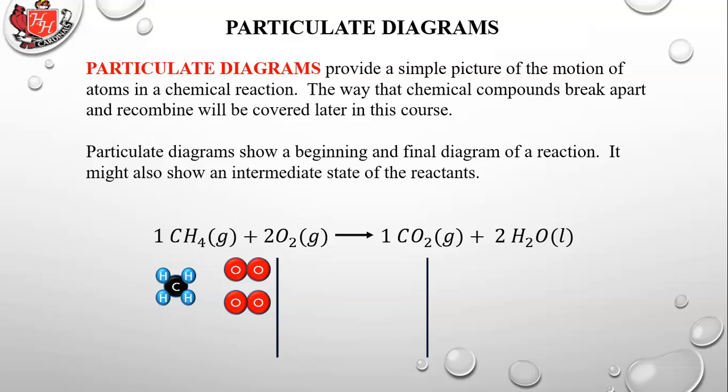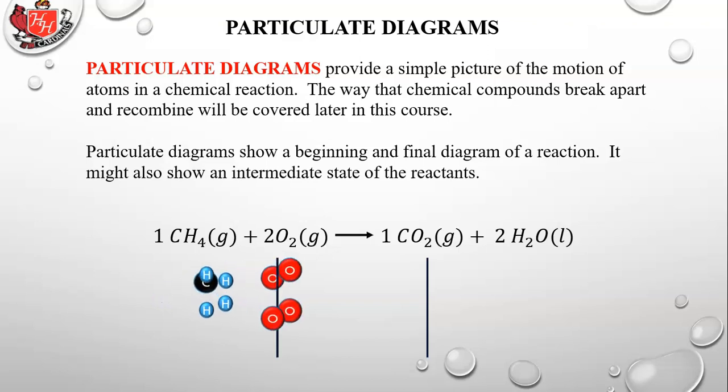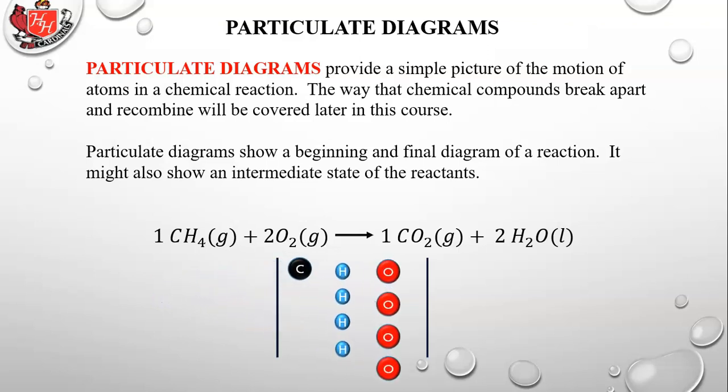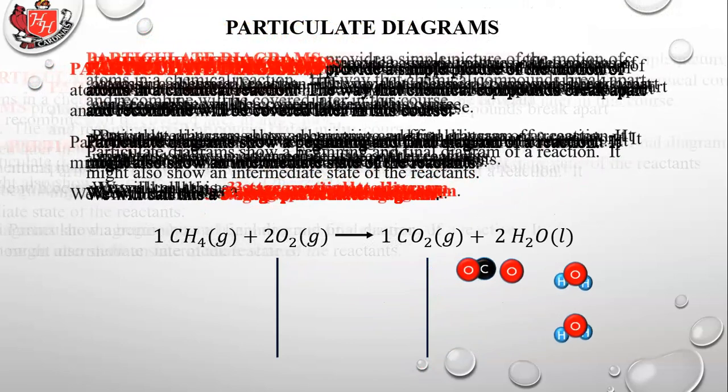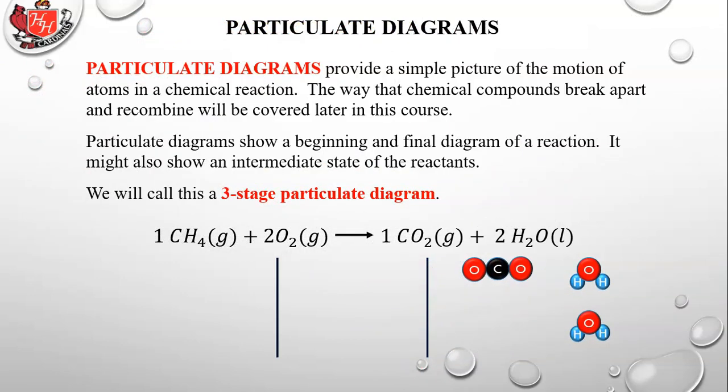So there you have one CH4 and two O2s, and somehow, some way, they're going to break apart into individual atoms like that. Then they're going to recombine into one CO2 and two H2O molecules. Okay, so that's what particulate diagrams are. They're just literally a picture diagram of what's going on at the molecular level in this particular reaction.